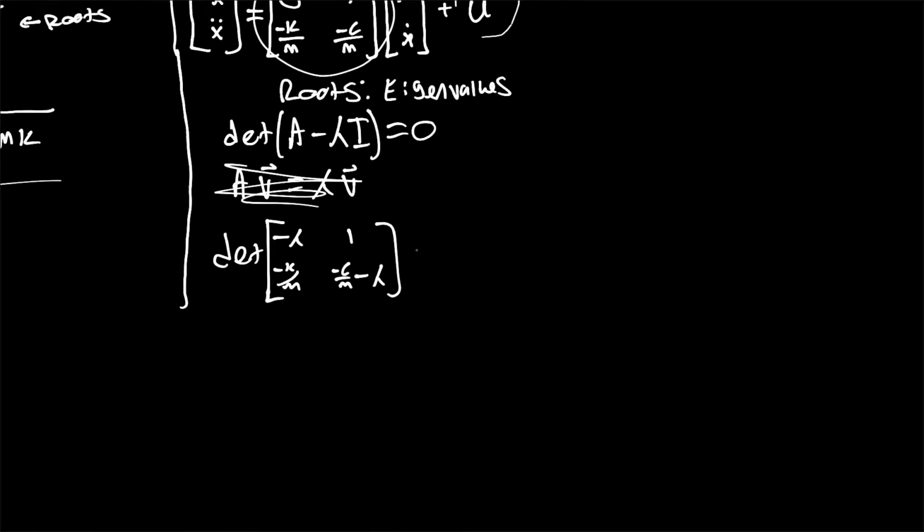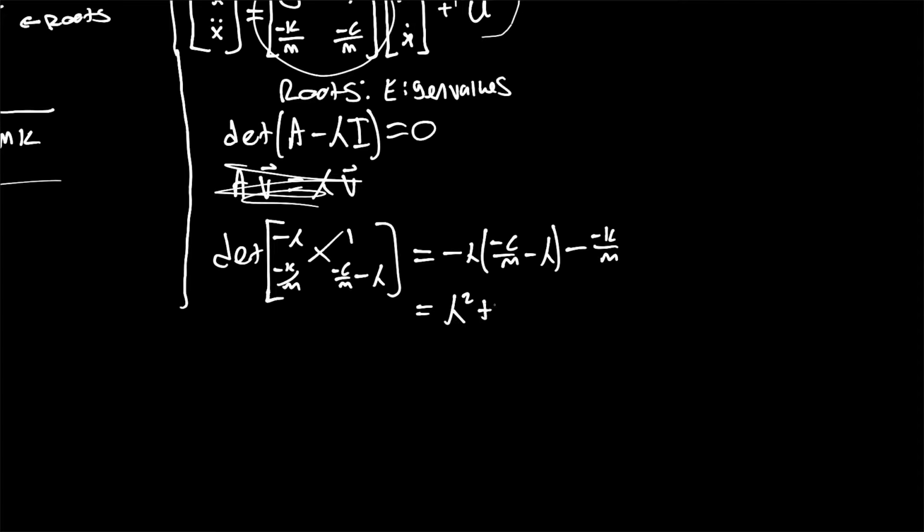And when we go to solve this determinant, it's just these two cross multiplying. I will have negative lambda times negative c over m minus lambda, minus negative k over m. So this minus and this minus are going to cancel out. We're going to get positive lambda squared once we multiply this through. Negative and a negative becomes a positive.